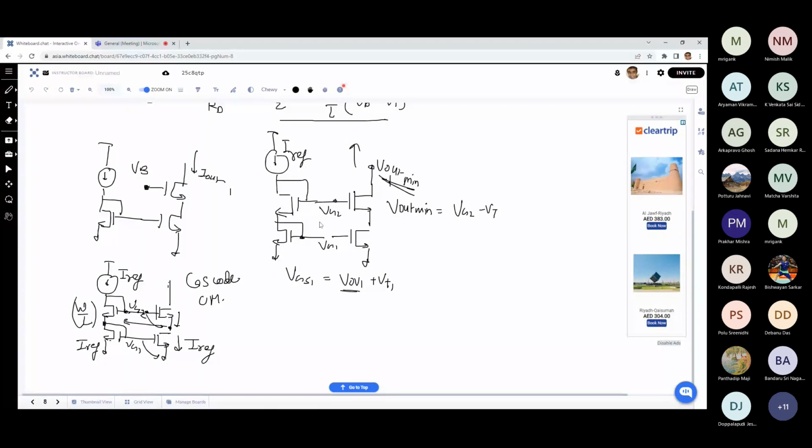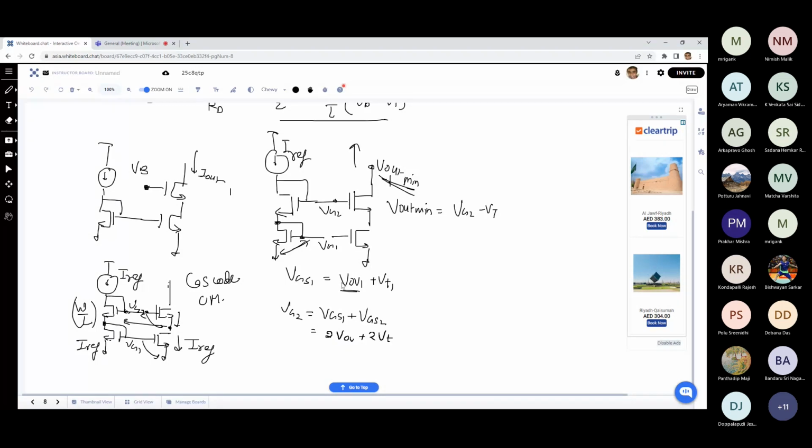And therefore, what is VG2? That is again VGS1 plus VGS2, right? VG2 is nothing else but this voltage VGS1 plus another VGS2. So if I assume that the MOSFETs are identical, it will give you 2V overdrive plus 2VT.